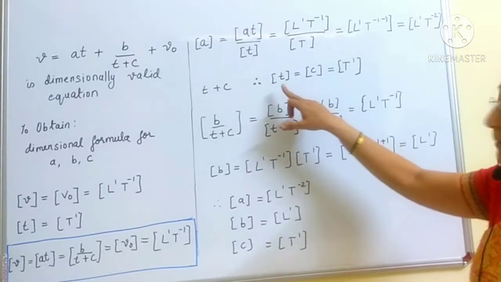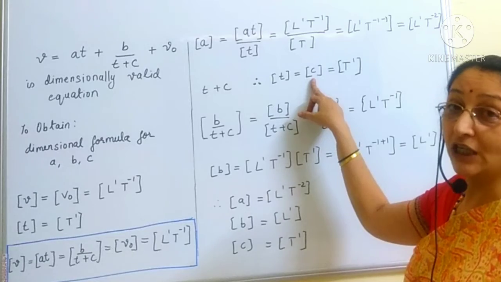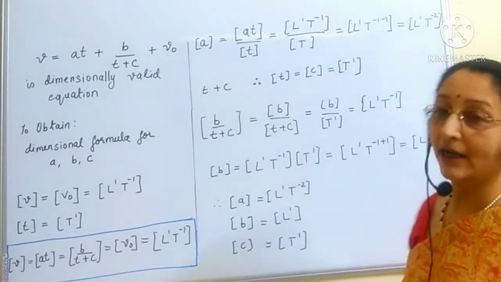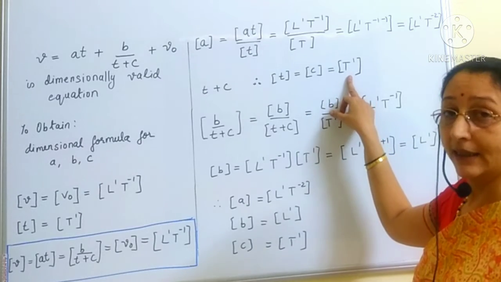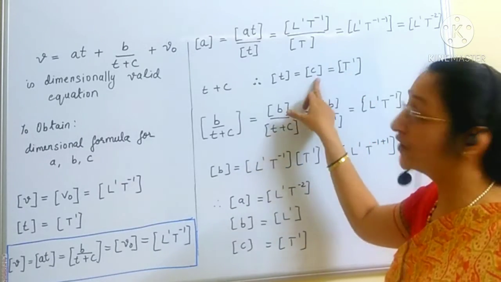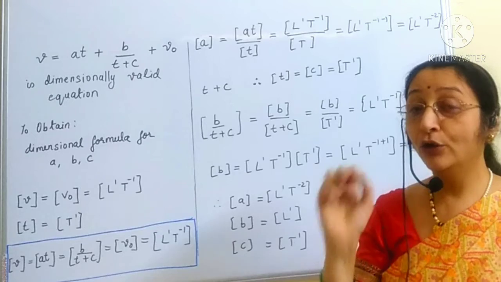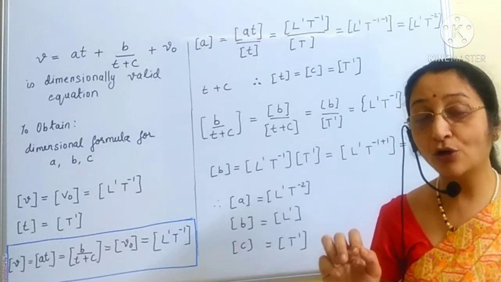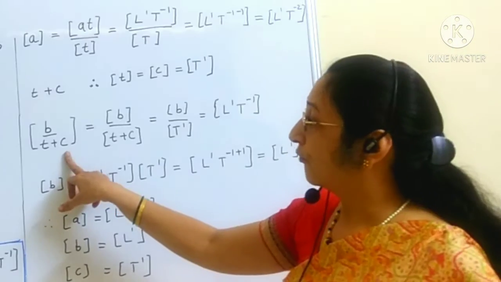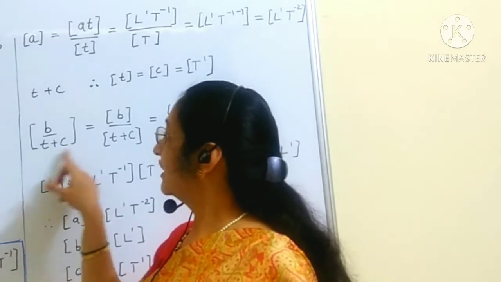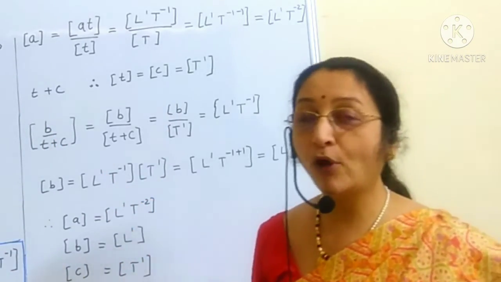Hence, the dimension of T equals the dimension of C equals T to the power 1. That is second, that is time. So, the unit of C is second and the dimension of C is T to the power 1.